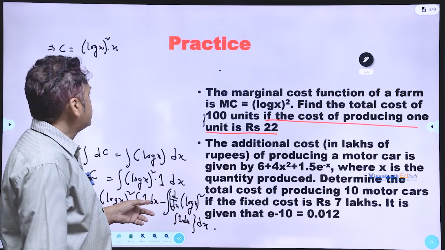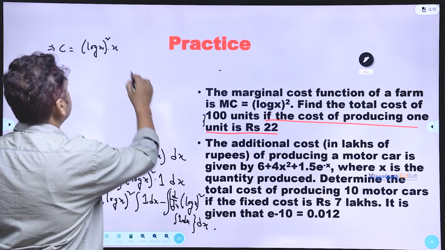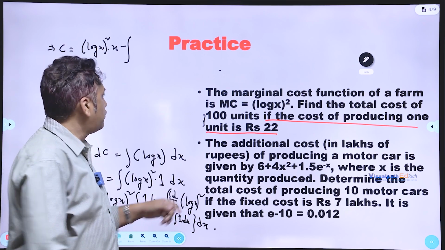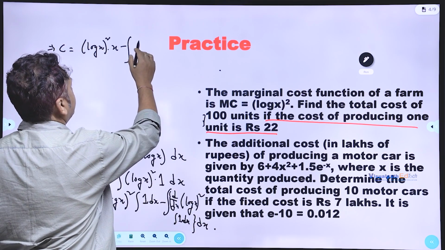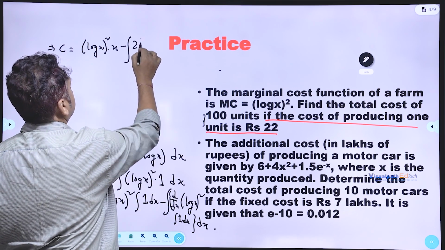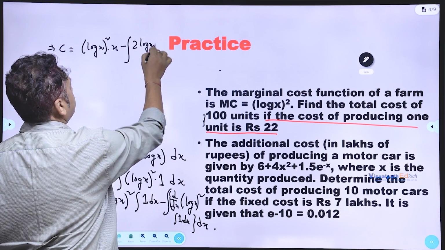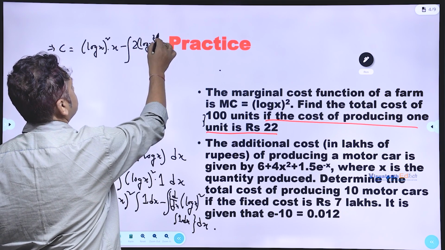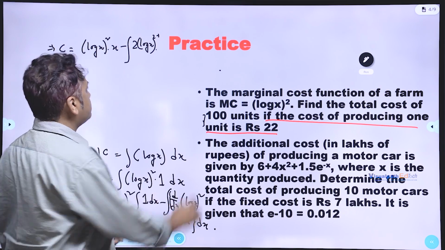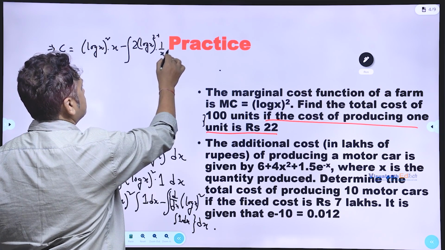So integration of dx is x minus integration. So here d/dx of log x will be log x, 2 into log x to the power 2 minus 1, and then into d/dx of log x will be 1 by x dx.